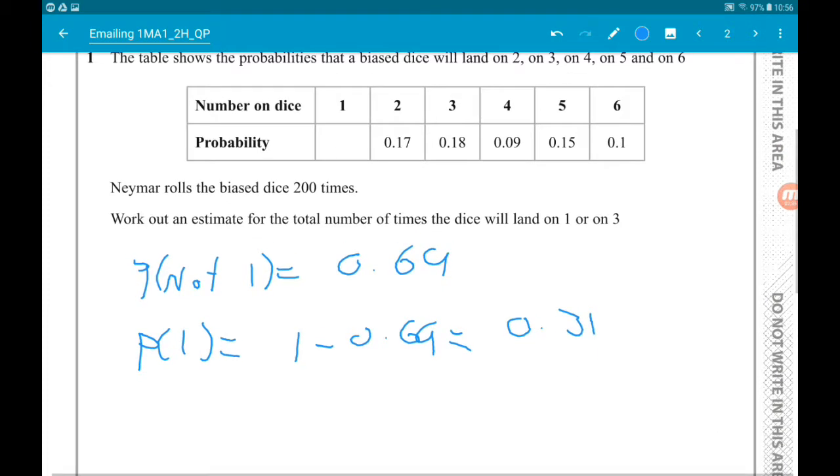So now we know the probability of getting a 1, we can work out the probability of getting a 1 or 3. So for that, we add the probabilities together. So 0.31 and 0.18.